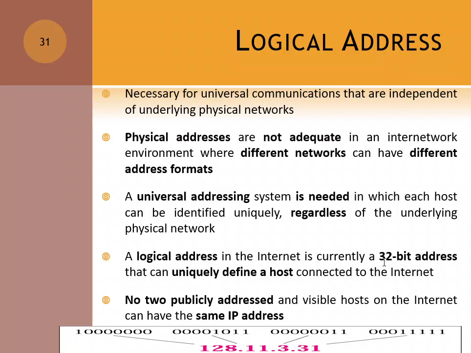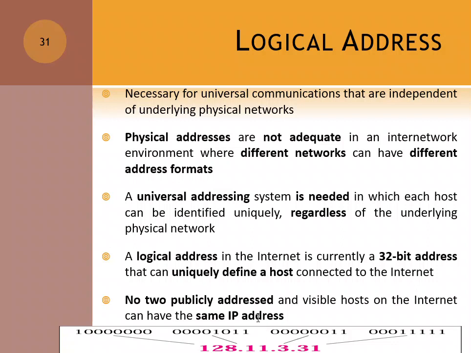So for the time being, we just go quickly for this one. So no two publicly addressed and visible hosts on the internet can have the same IP address. Okay, IP address ni dia mesti unik. Mana-mana device yang tengah connect pada internet tidak boleh mempunyai IP address yang sama. Dua device yang sedang connect pada internet pada waktu yang sama tidak boleh ada IP address yang sama.